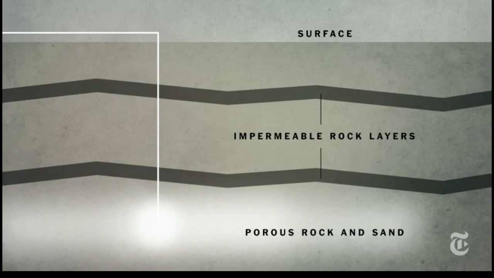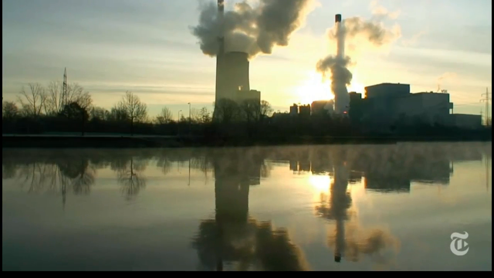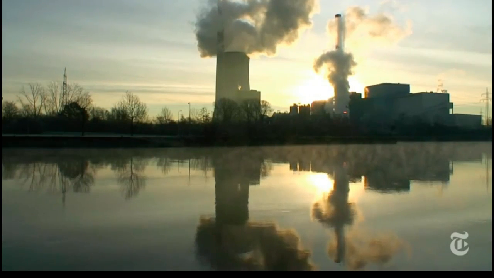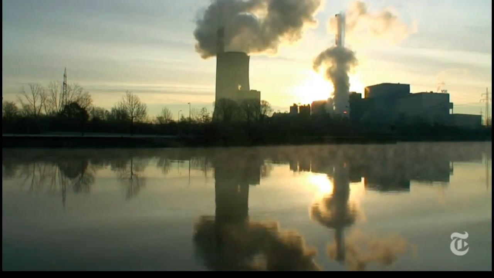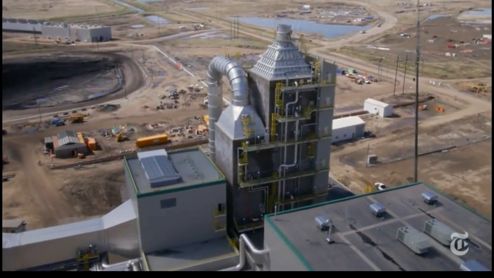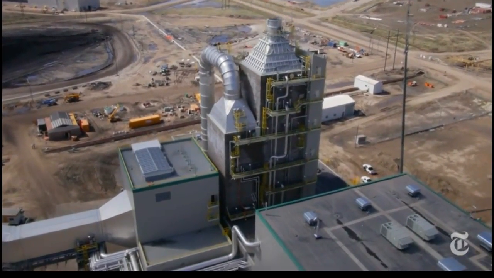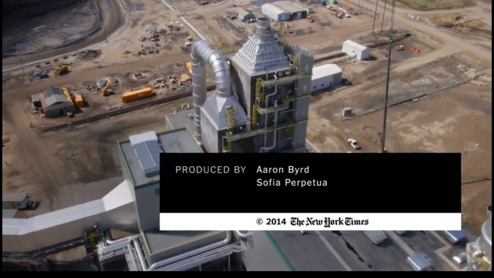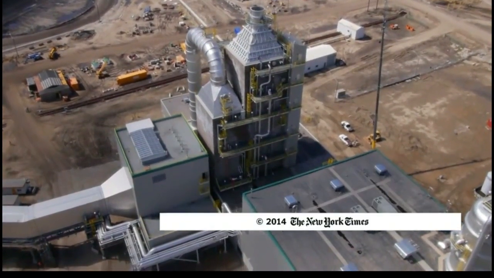In theory, at least, the gas should stay buried forever. But CCS is expensive, and because it requires so much heat and power, it cuts the electrical output of a generating plant by as much as 20%. As a result, the technology has been slow to be adopted. The pace will have to pick up, scientists say, if the world is to reduce the impact of climate change.